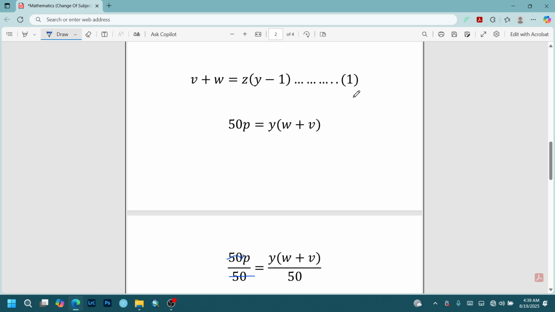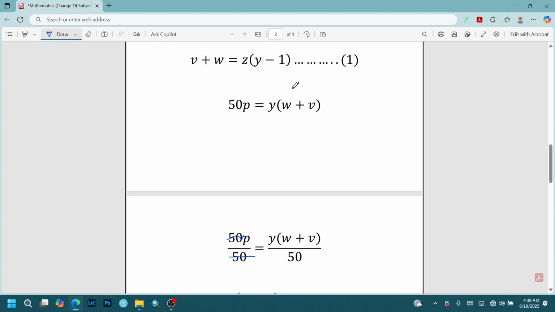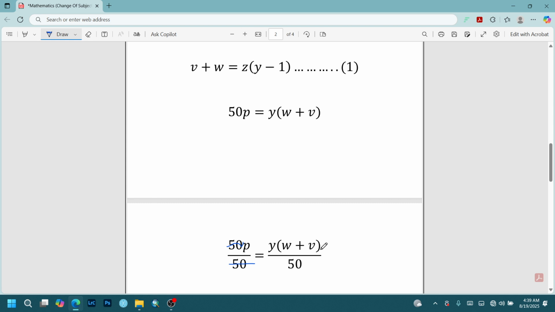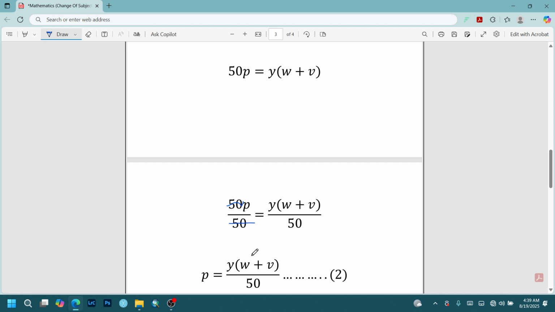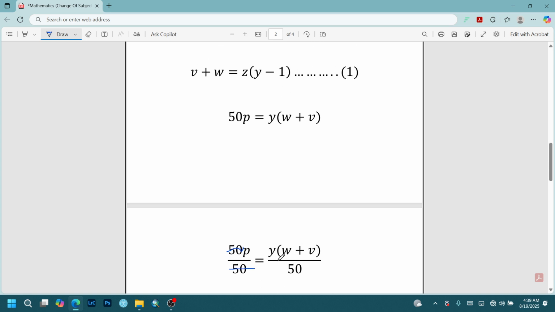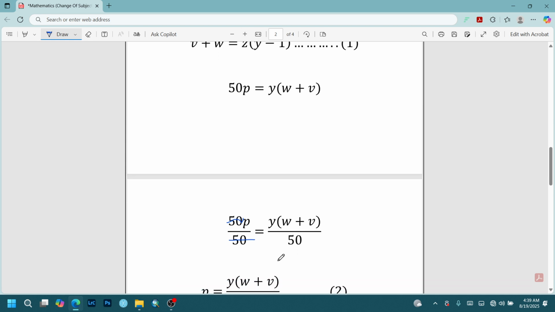This means that wherever you see v plus w, you have to insert z multiplying y minus 1. And here we have w plus v, which is the same as v plus w, right? So that means wherever we meet w plus v in equation 2, we have to insert z multiplying y minus 1.